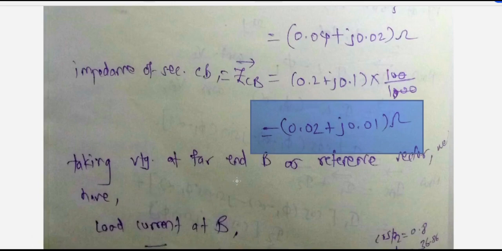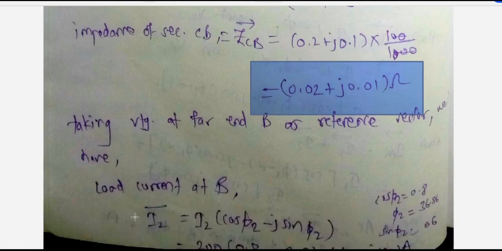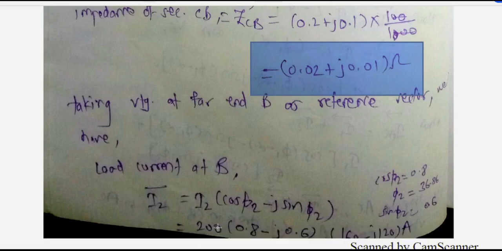Taking the voltage at far end B as a reference vector, we have the load current at B, I2, equal to I2 cos of phi 2 minus j times sin of phi 2. Now they have given the value of cos phi 2 is 0.8.